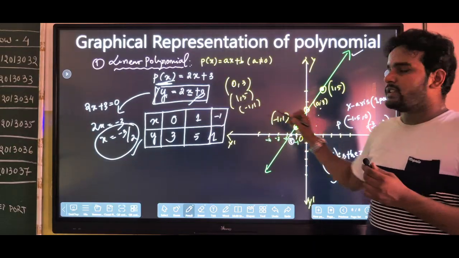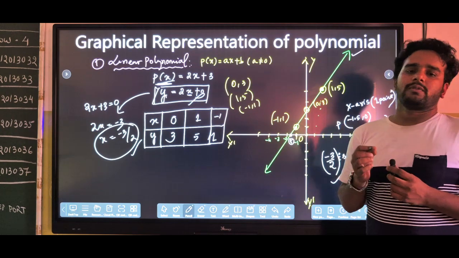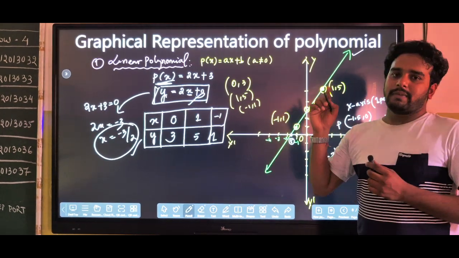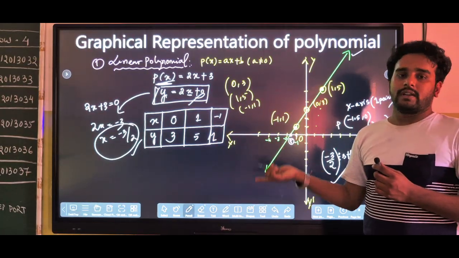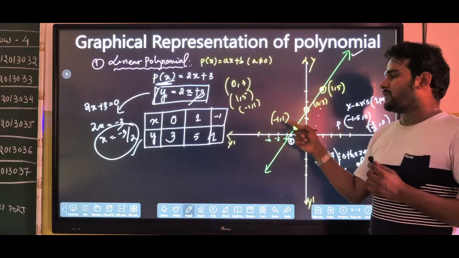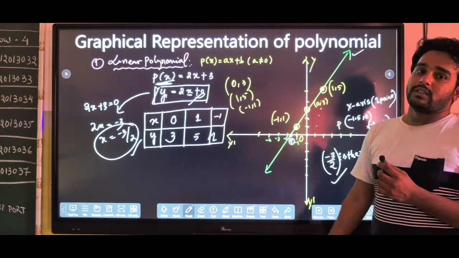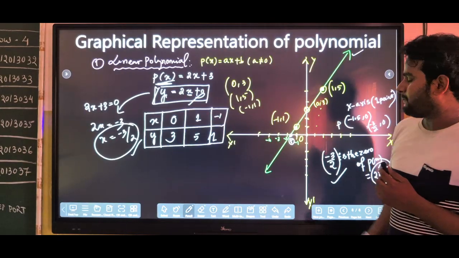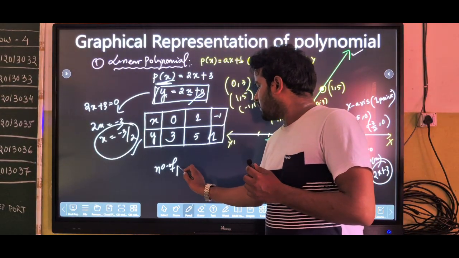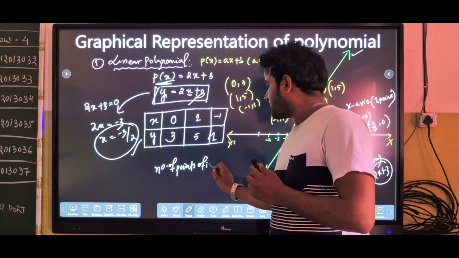Clear? So how many zeros does this polynomial have? Degree is 1, so the maximum number of zeros is 1. The maximum number of terms is 2. The maximum number of zeros is equal to the number of points of intersection.